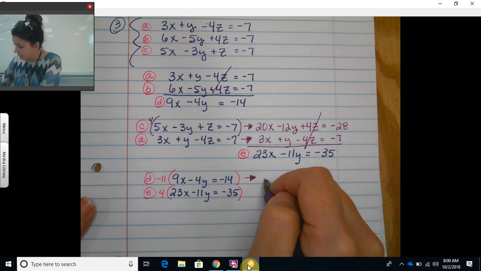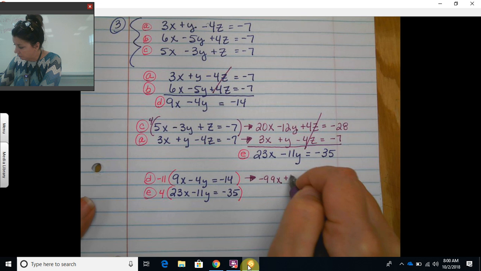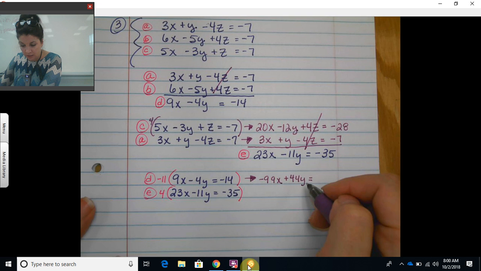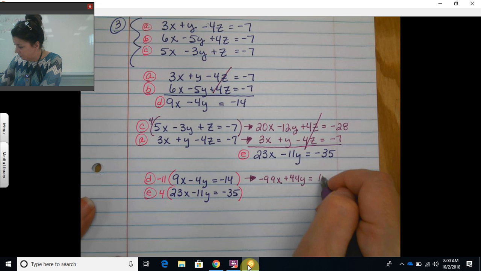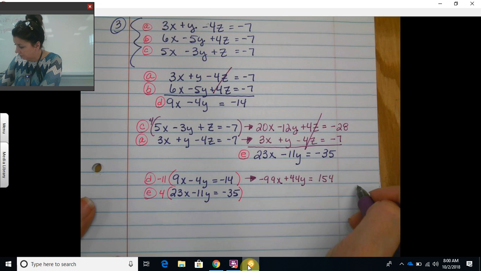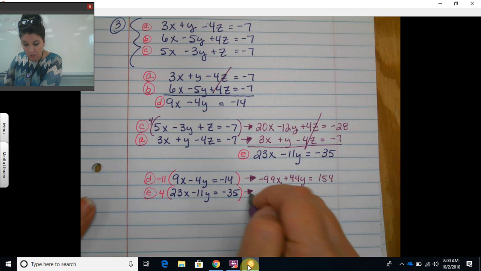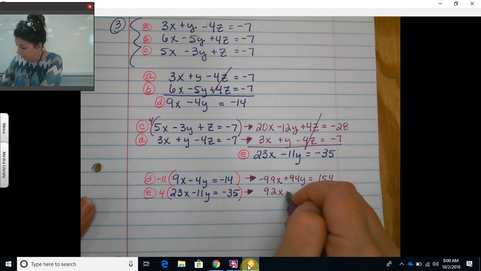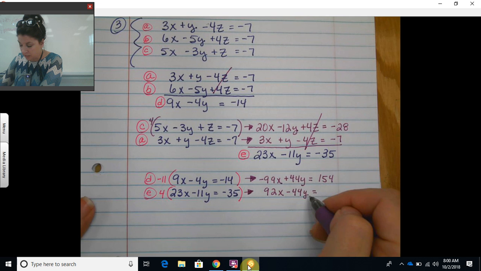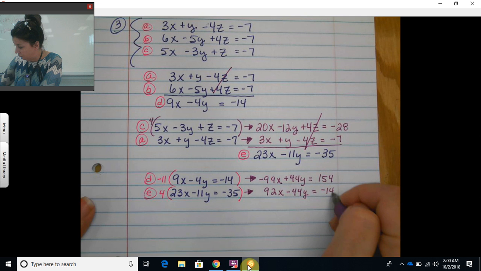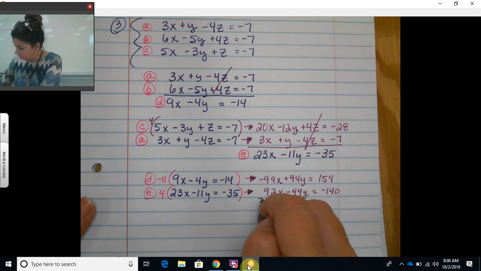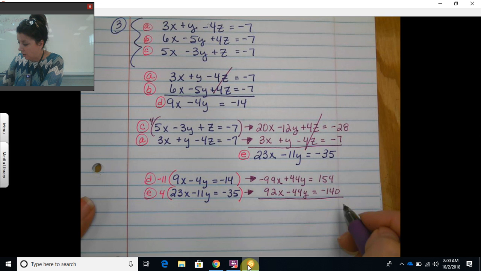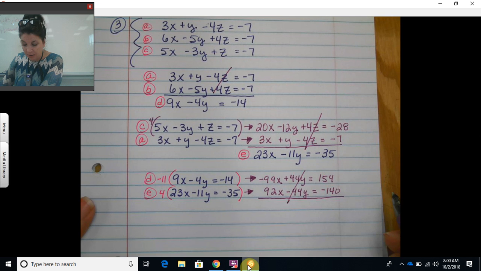I get negative 99x plus 44y equals positive 154. Bottom equation, I will distribute the 4, and I get 92x minus 44y equals negative 140. My y's will eliminate as I had planned.